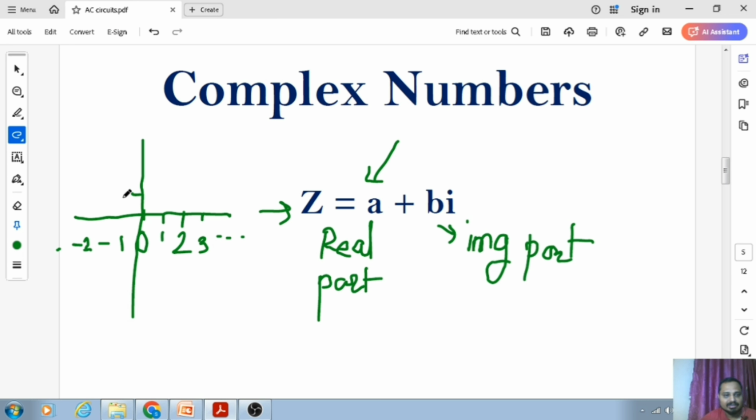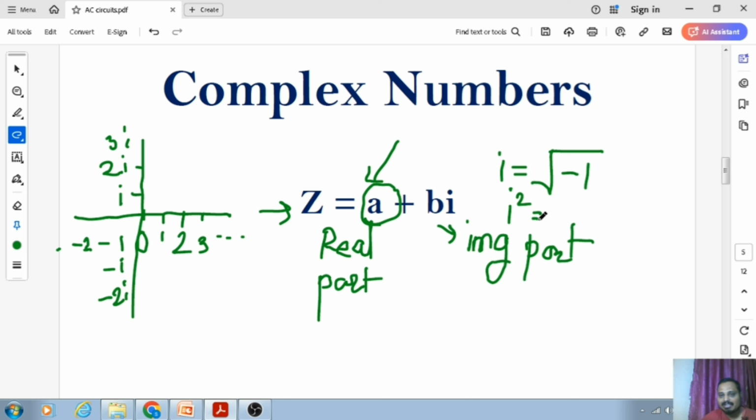Here we have iota, 2 iota, 3 iota, and here negative iota, negative 2 iota, and so on. This iota is nothing but square root of negative 1, and square of iota is nothing but -1.